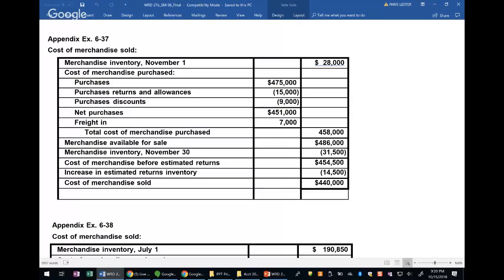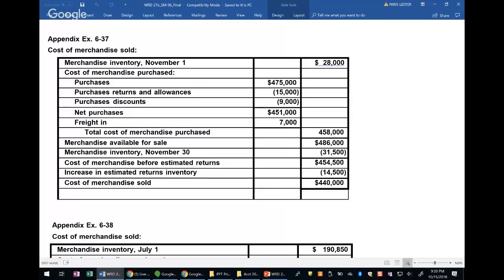So for Thursday, if you could have exercises 34 and 38 done, we'll go over those and we'll therefore end periodic. All right, now we're going to get into chapter 7. We'll back up later on those.